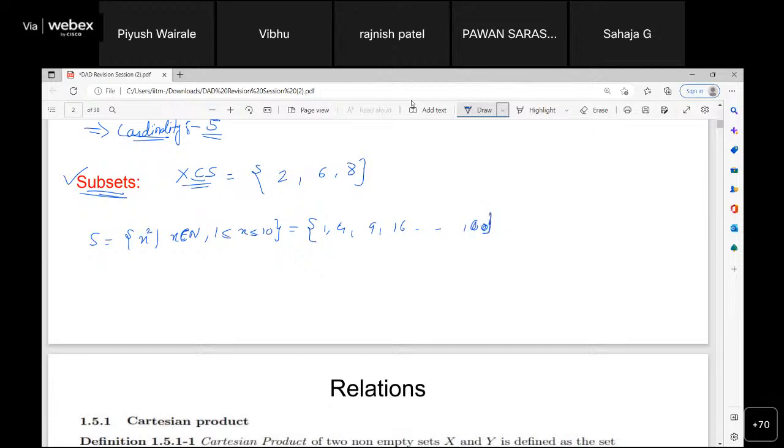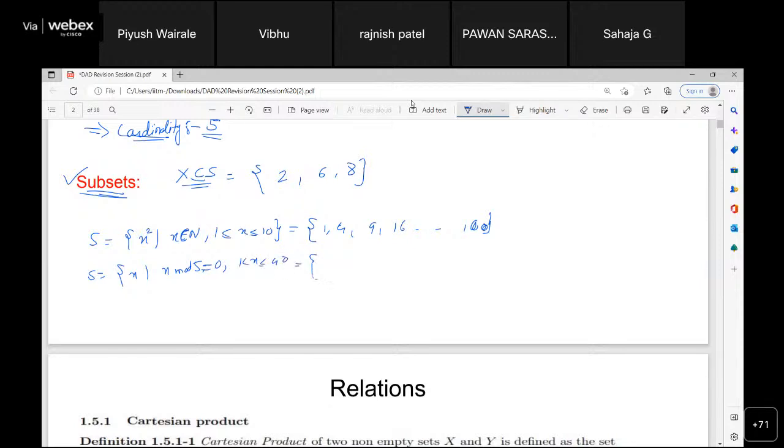Now suppose I say x belongs to the natural numbers, and x mod 5 is equal to 0, and x belongs to 1 to 40.